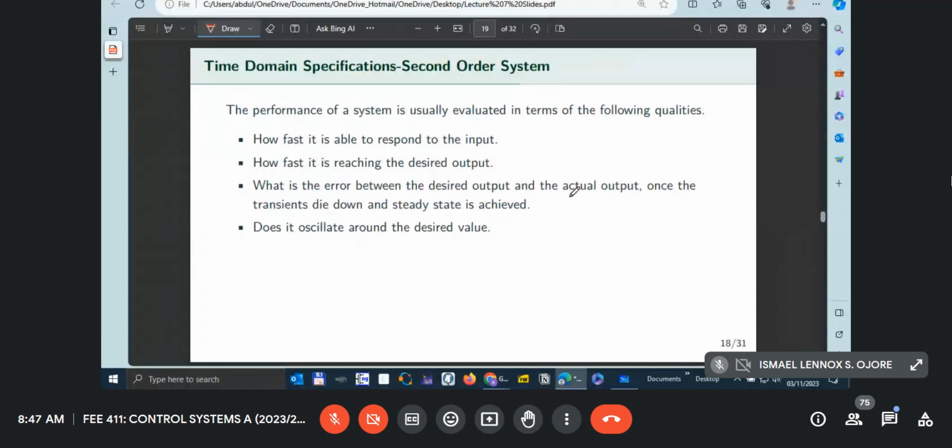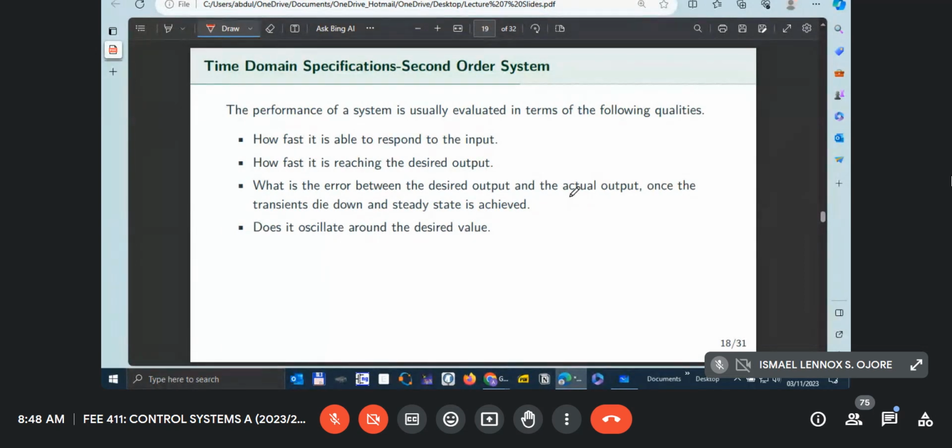For oscillations, remember when we introduced feedback, we said that with positive feedback, that is where you will get oscillation. So in electronics, when you want to get oscillation, especially in oscillators, they use positive feedback to get those oscillations.